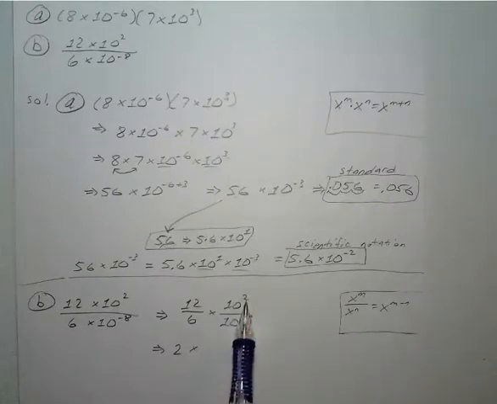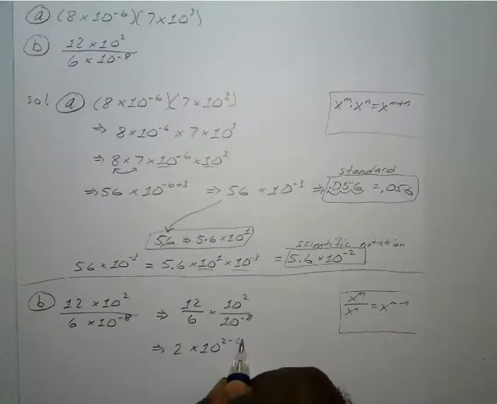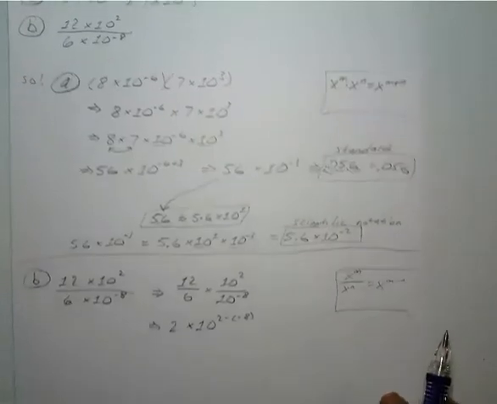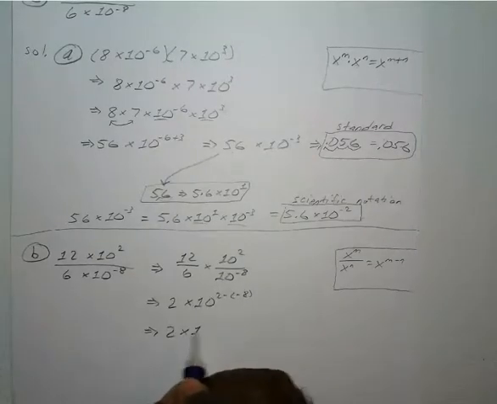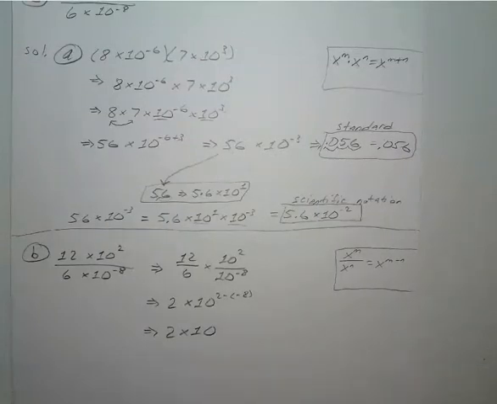So 10 squared over 10 to the negative 8 will equal 10 to the 2 minus negative 8. So we will end up with 2 times 10 to the 10th power.